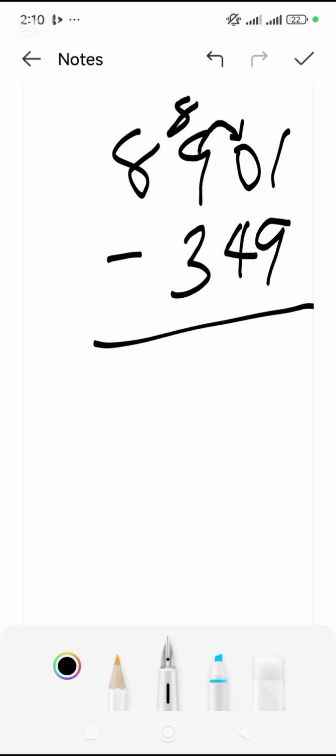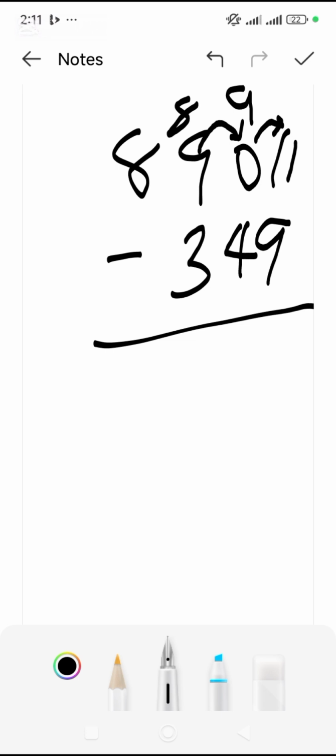And when we borrow 1 from here to this, we'll have 10. However, we are going to still borrow to this one. So when we do that, we are going to have 9 remaining here, right? And 1 added to this. And so this becomes 11.